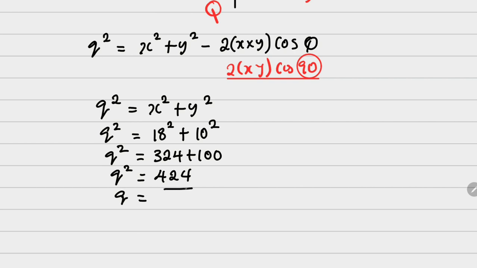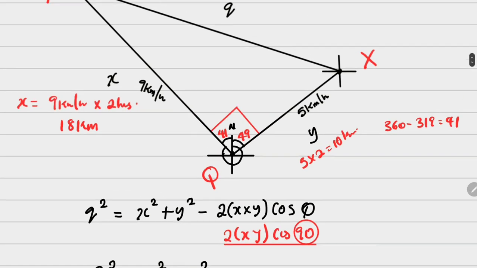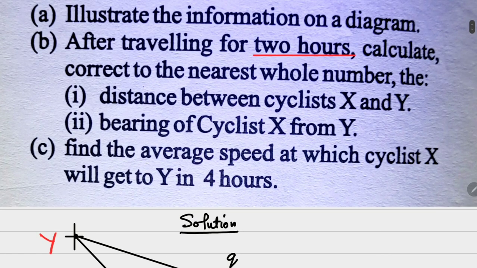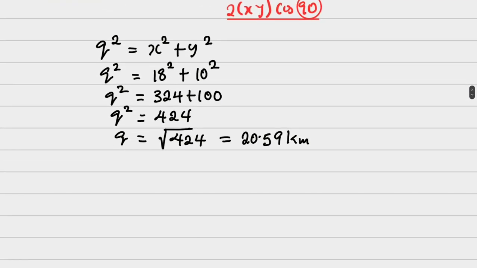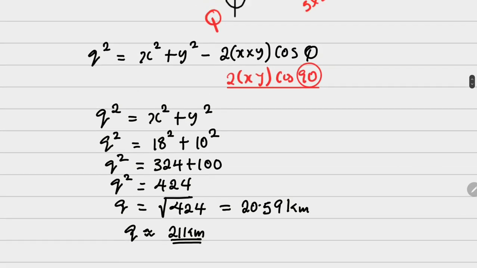So q is going to be the square root of 424, which is 20.59 kilometers. Now let me check. Did they tell us to leave it in any surd? Oh, to correct to the nearest whole number. So we can now say that q is approximately 21 kilometers.